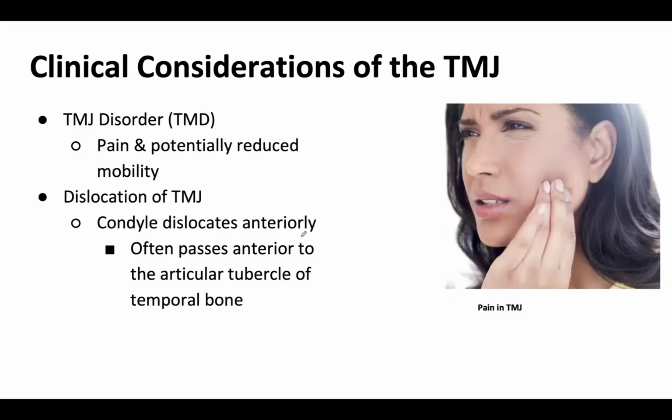Now, you may have heard someone complaining and in pain and say, I have TMJ. Well, it would be super know-it-all of you to say, we all have a TMJ, but you are talking about TMD. So that's what people usually mean when they say, I have TMJ. They actually mean they have the disorder associated with the TMJ.